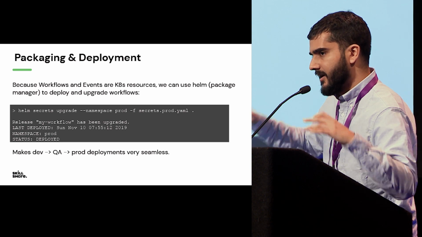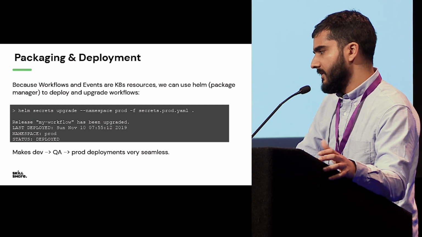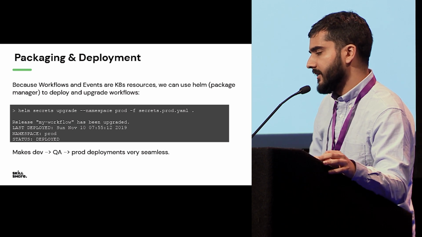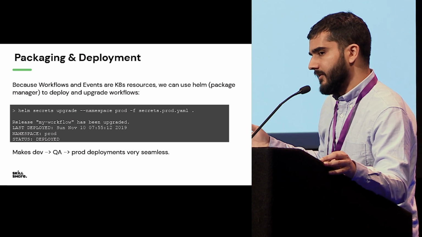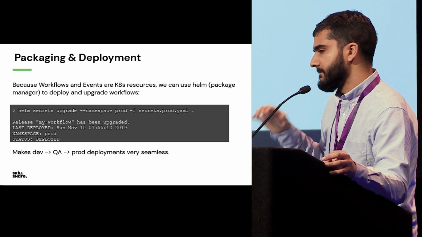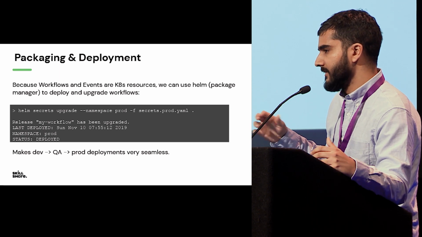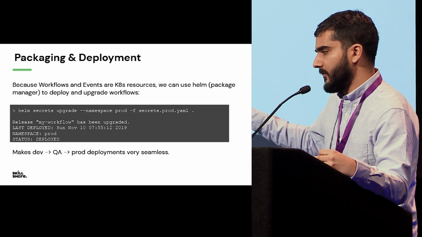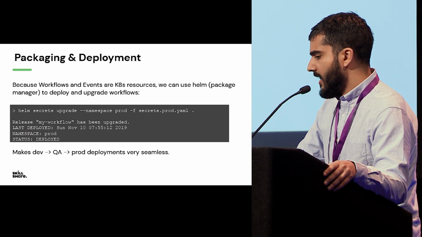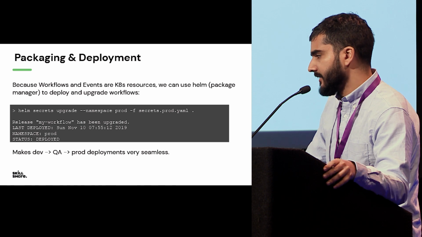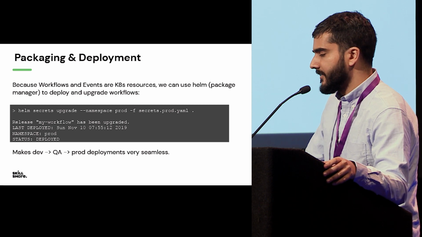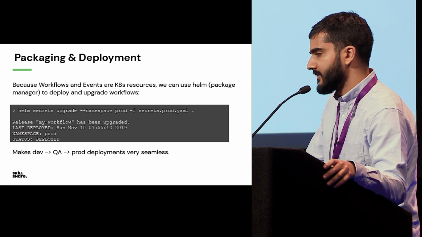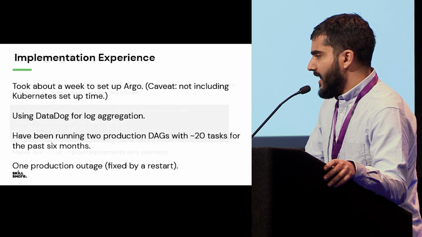But if you want to have a big set of workflows, you can package those up together and deploy that to a QA environment and see if there are any hidden interactions between your new version of one workflow and another workflow in the same package. So yeah, I think that's a really cool feature. It makes my life very easy, because if I need to deploy something, it's literally just one line.